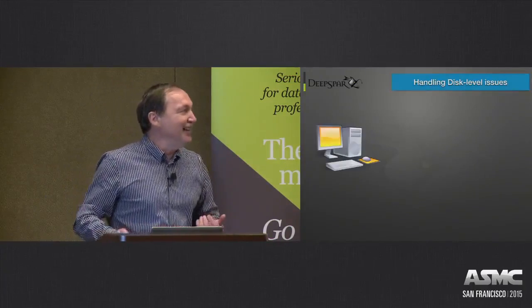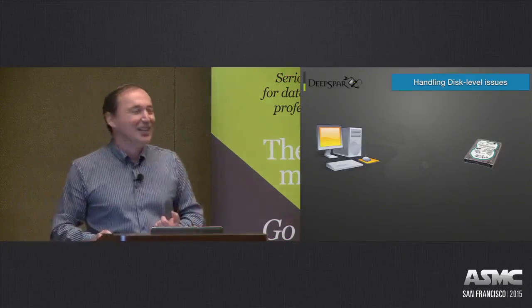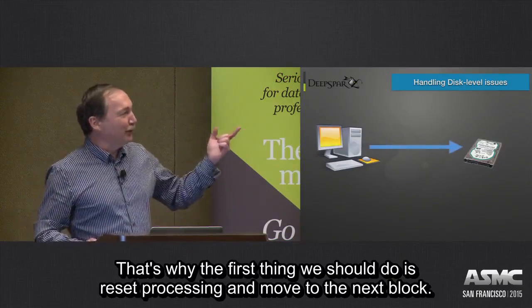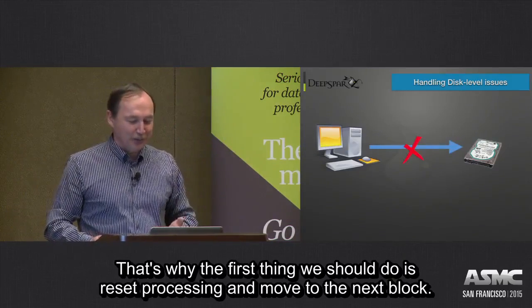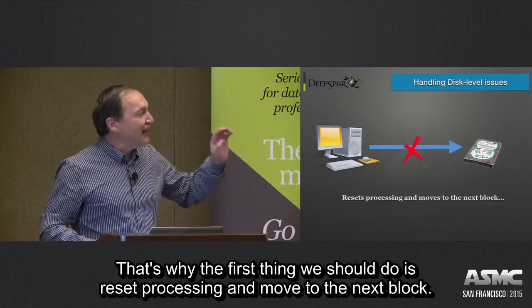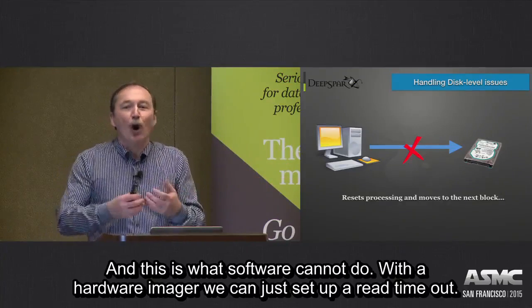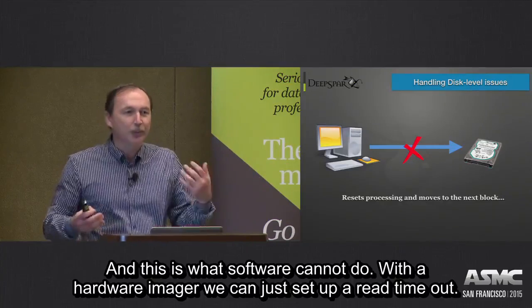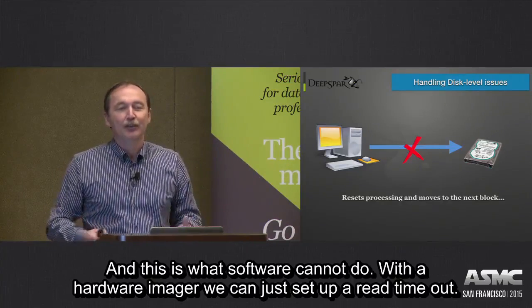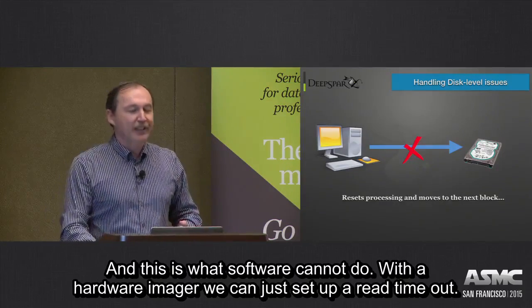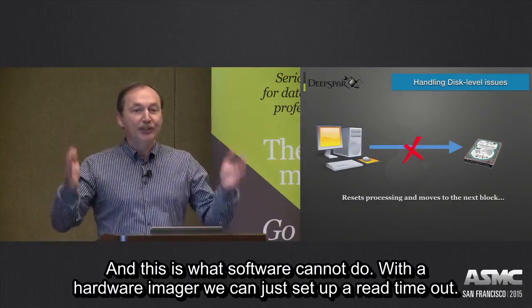So that's really the first thing that makes the hardware disk imager a professional tool. So the first thing we should do is reset processing and move to the next block. And this is what software cannot do. Software doesn't do this. With the hardware imager, we can just set a read timeout.